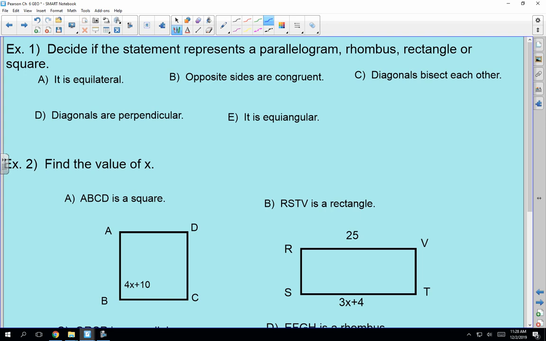It's equilateral, so it could also be a parallelogram. The only thing it wouldn't necessarily be of these listed here is a rectangle, because a rectangle does not have all sides equal. So rhombus or square or parallelogram.